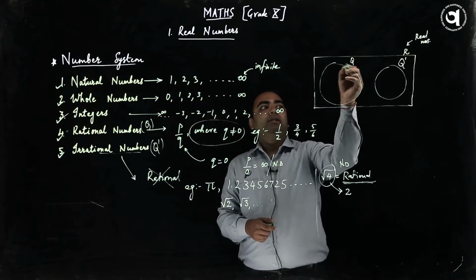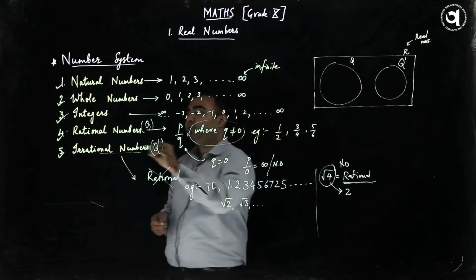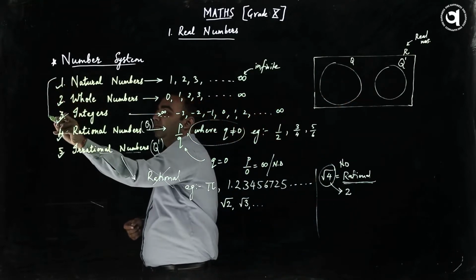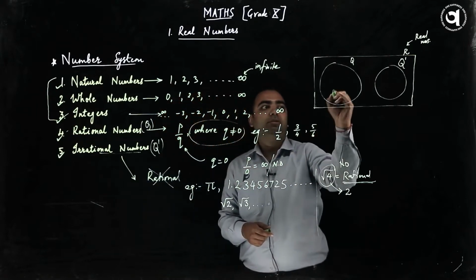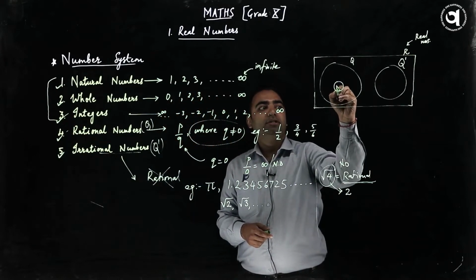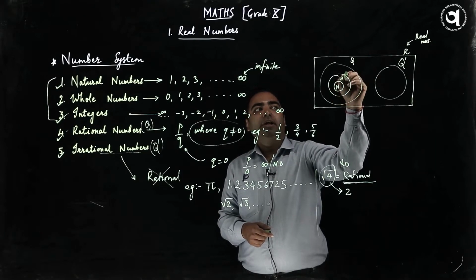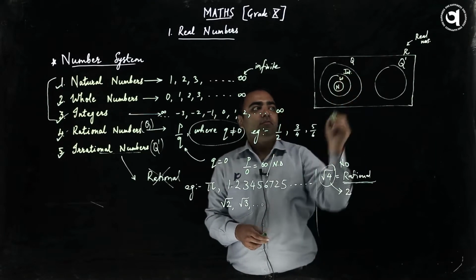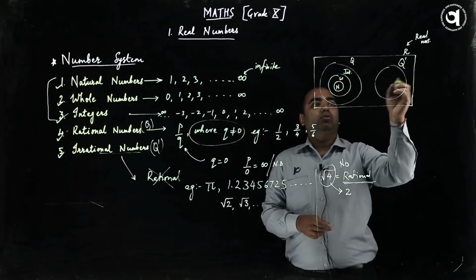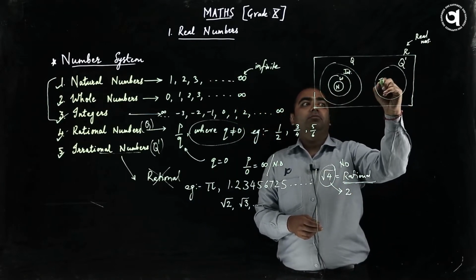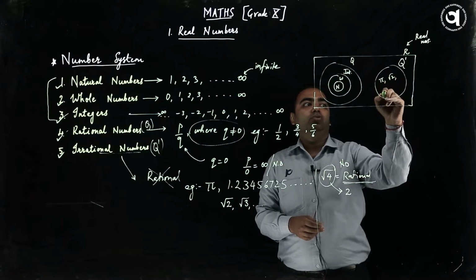Now if we say these are all rational, then rational will include whole numbers, natural numbers and integers. All three will be there. So inside this is natural numbers, after that whole numbers, and after that integers. For Q dash, those are all irrational numbers, for example pi, root 2, root 5.